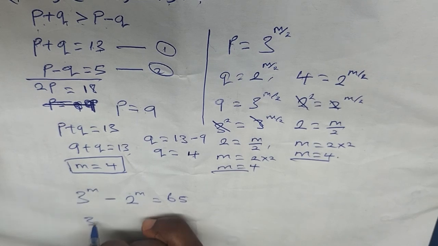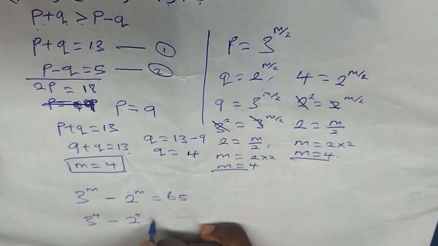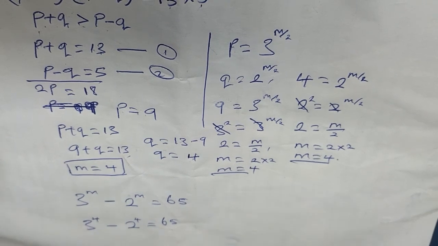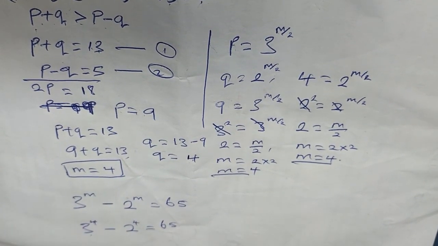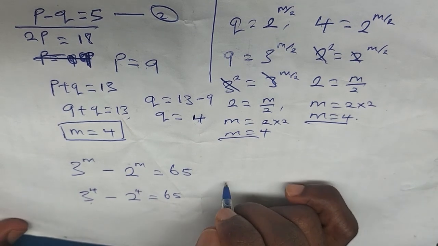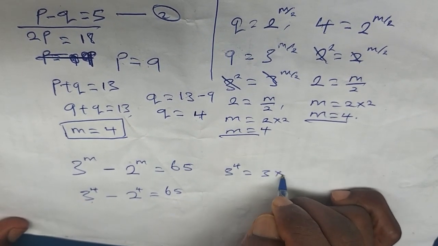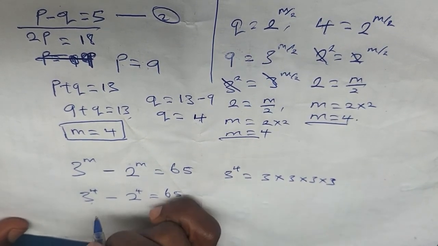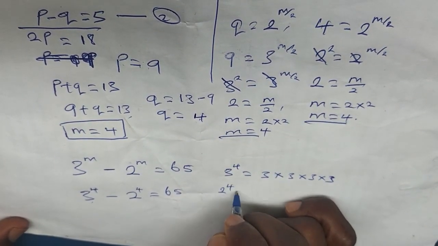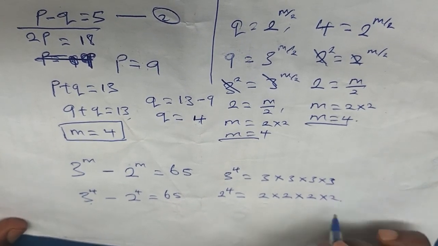We can say 3 to the power of 4 minus 2 to the power of 4 is equal to 65. 3 to the power of 4 is the same as 3 times 3 times 3 times 3, and 2 to the power of 4 is the same as 2 times 2 times 2 times 2.